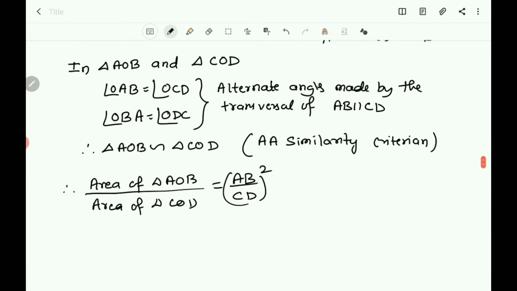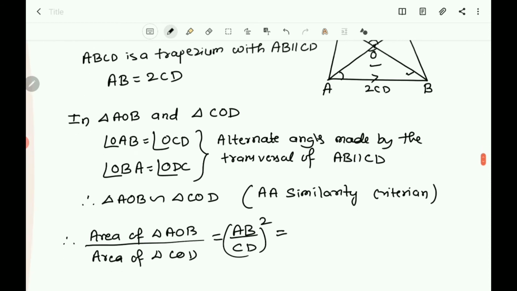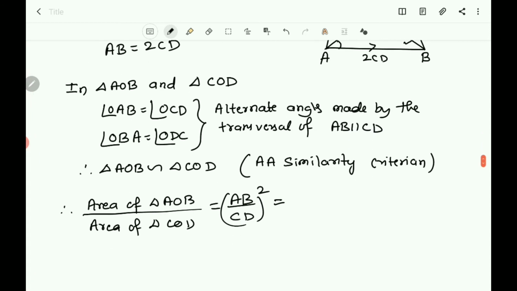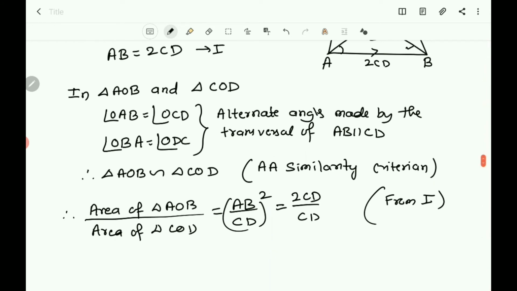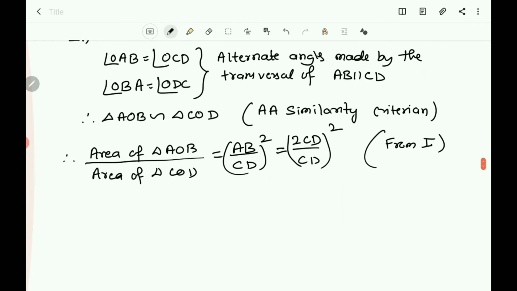You write here AB is equal to 2CD, so in the place of AB you write 2CD by CD. That is also given, from the first. So AB by CD the whole square means 2CD by CD the whole square.